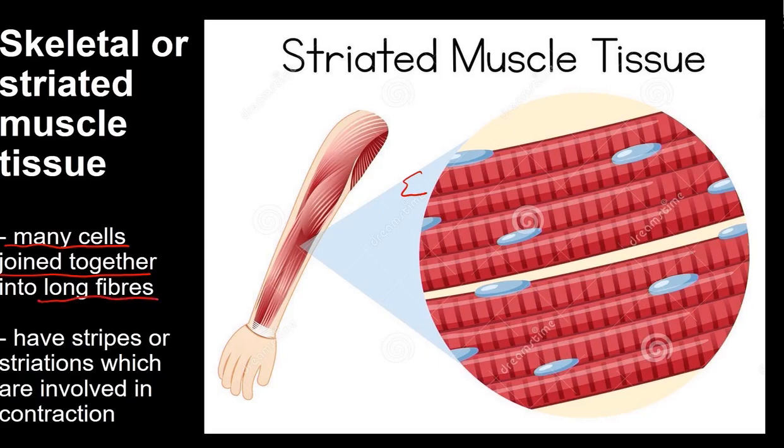Okay, and they form long fibers. Another thing about striated muscle is they have stripes or striations, and you can see those as the lines. And they are very important when it comes to the muscles being able to contract.